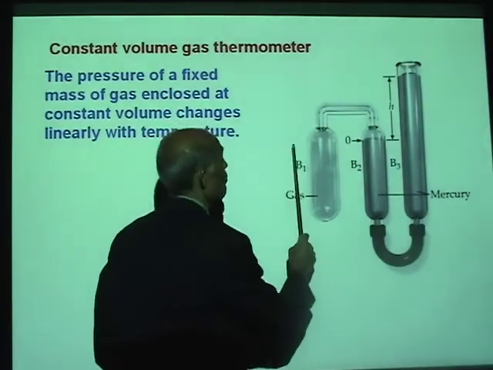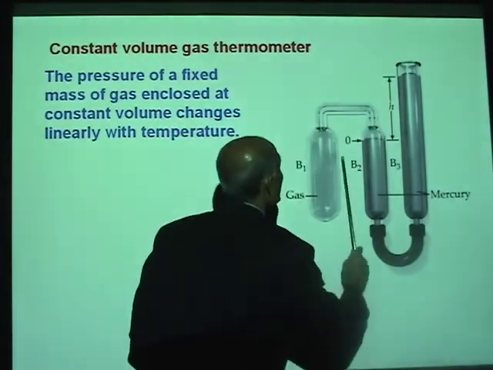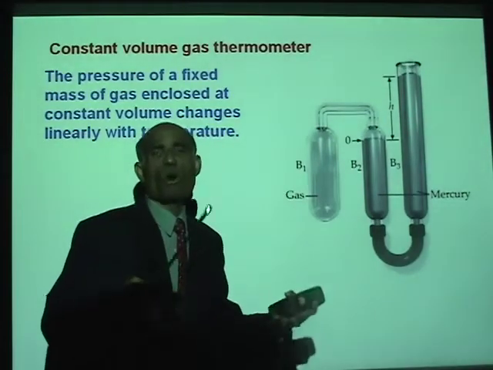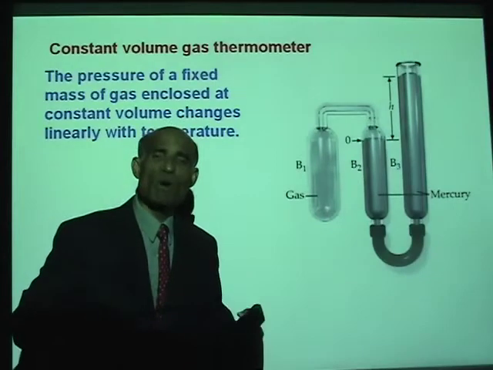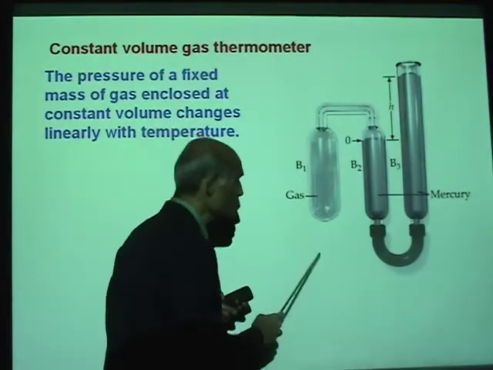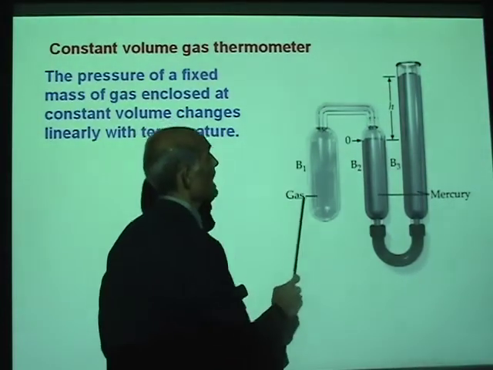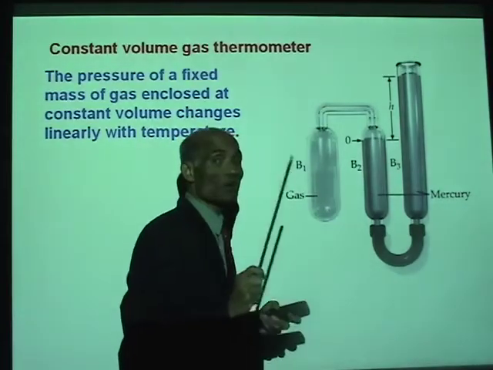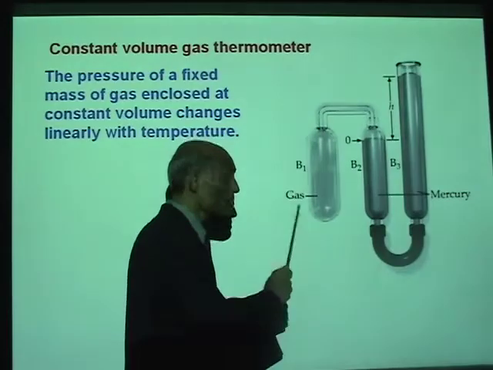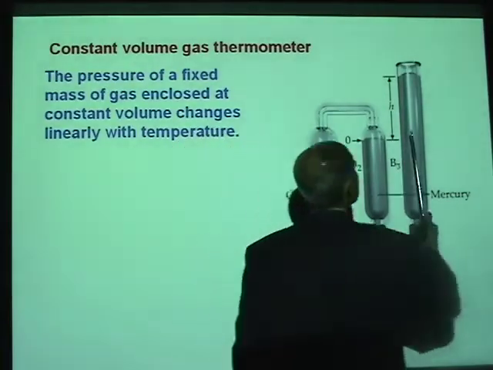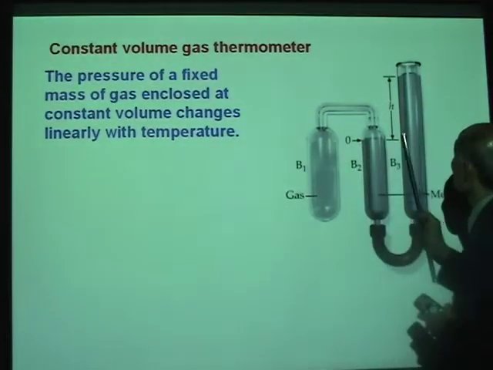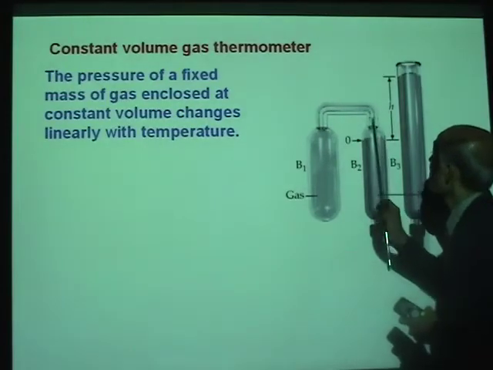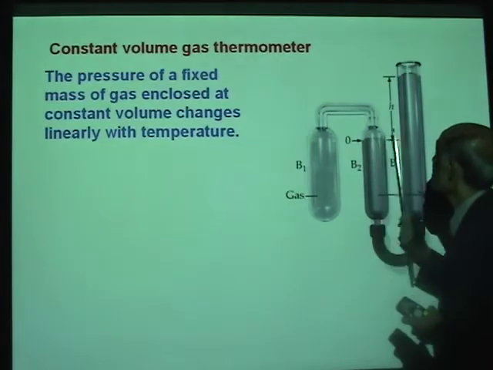And now, when you enclose this inside a bath, water or anything else where you want to measure the temperature, and you heat it slowly, what will happen? You can see the volume of gas will change. But whenever you want to measure the temperature of that bath, you need to adjust this reservoir, bring the mercury level to this fixed mark, making sure that the volume remains a constant.